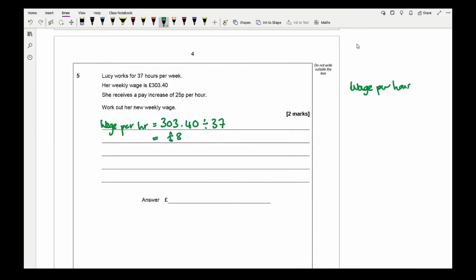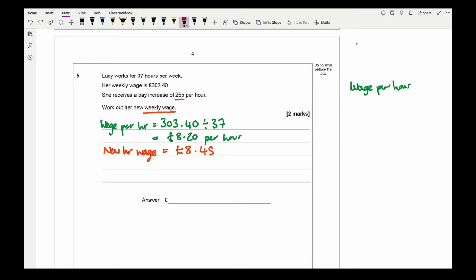Now what we're going to do is add 25 pence to her wage. So a new hourly wage is going to be £8.45.